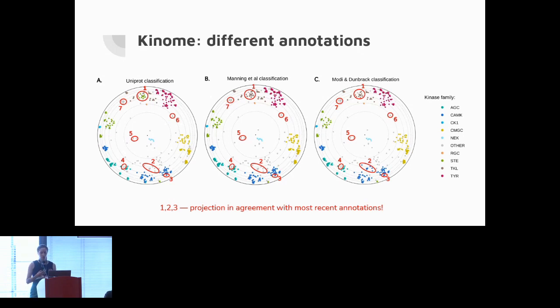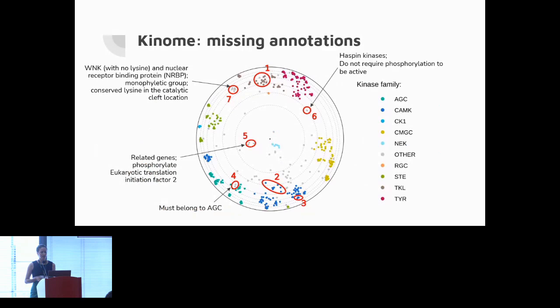And despite all the work done on the kinases, there are still several annotations which are missing in both annotations which we used. And actually, their proximity between each other makes sense.